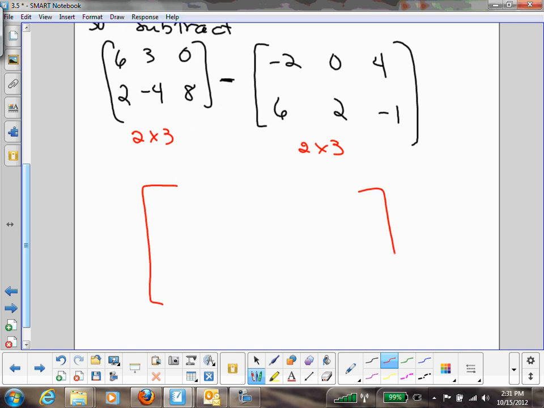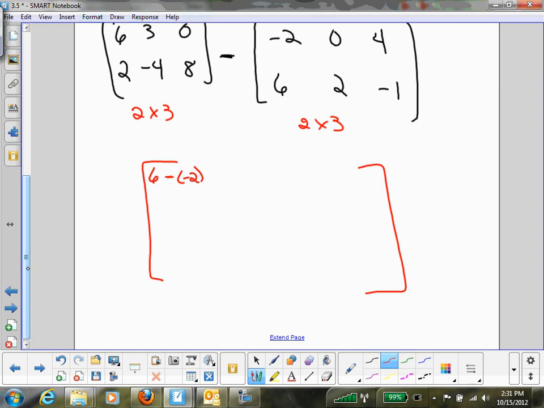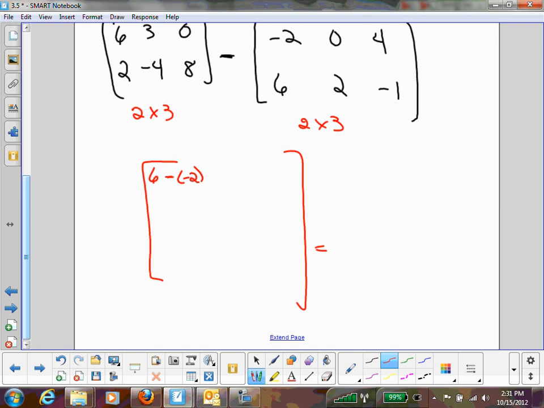Now, the funny thing about subtracting is we have to be careful about our signs. Okay? So 6 minus negative 2, right? So that's 8, right? So I'm going to show work, but you can do it in your head.